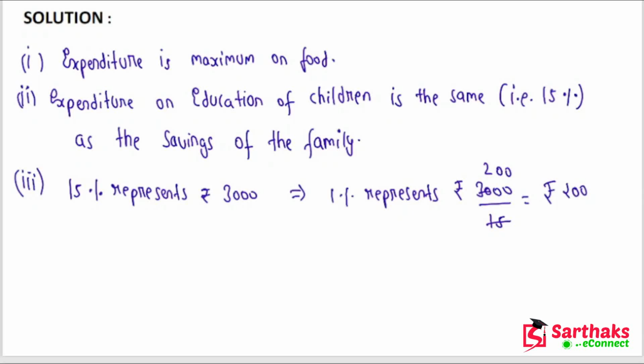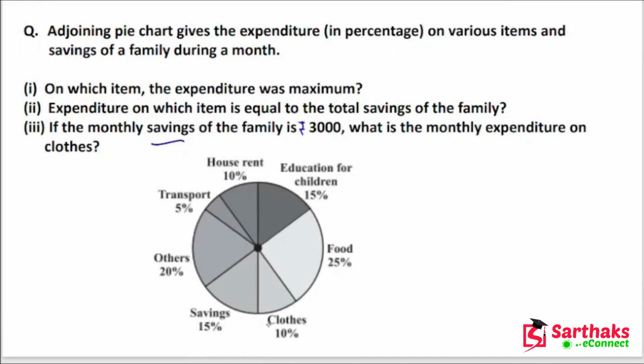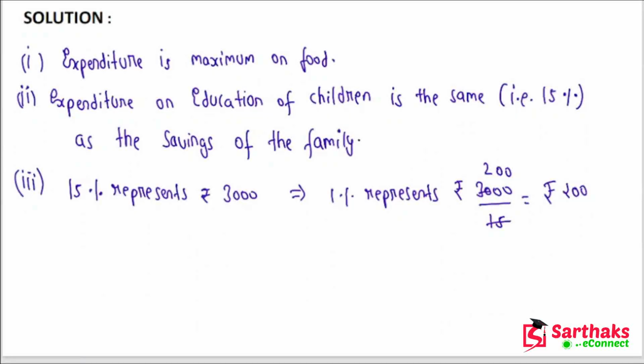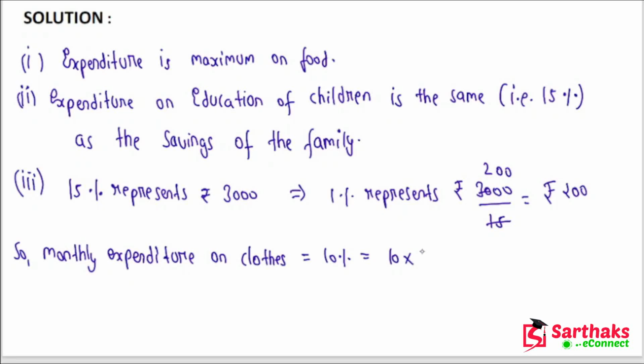Now what was the question? The question was simply, what is the monthly expenditure on clothes? The monthly expenditure on clothes was 10%. So you can write, monthly expenditure on clothes is equal to 10%, which is equal to 10 into rupees 200, because 1% represents 200 rupees, so it would be rupees 2000.